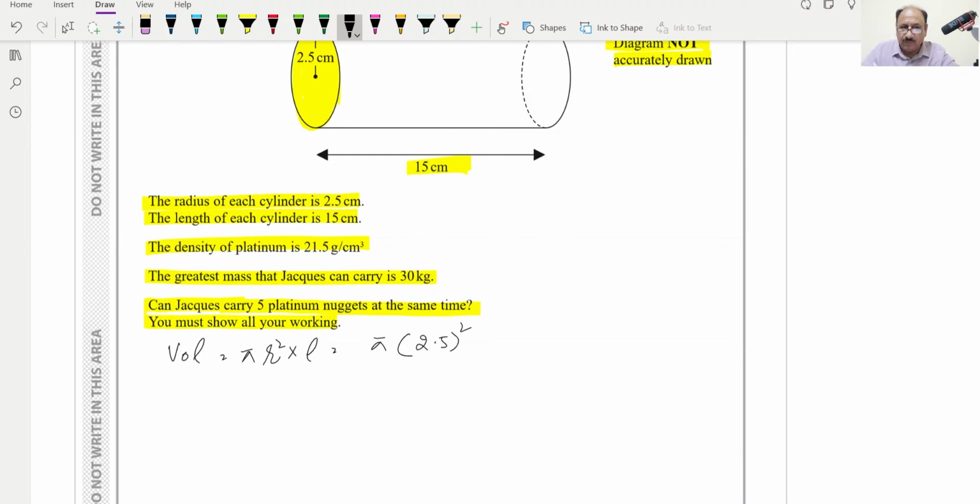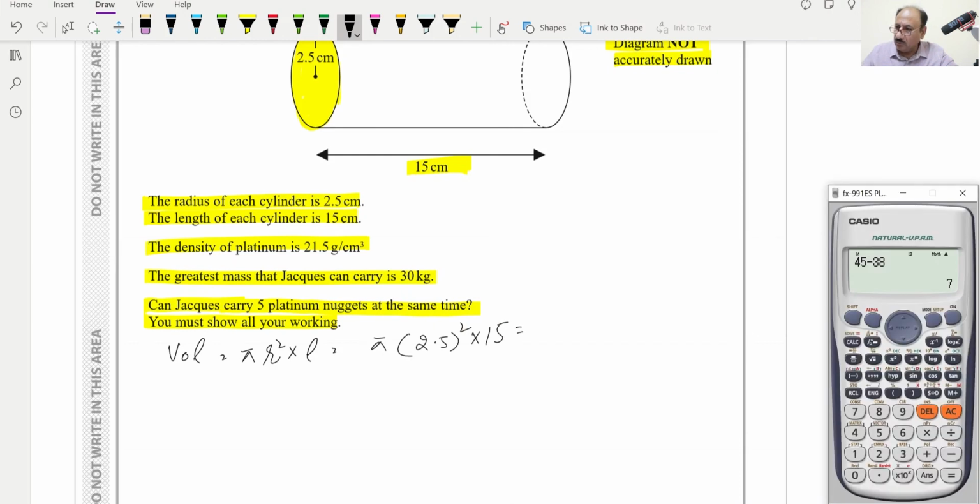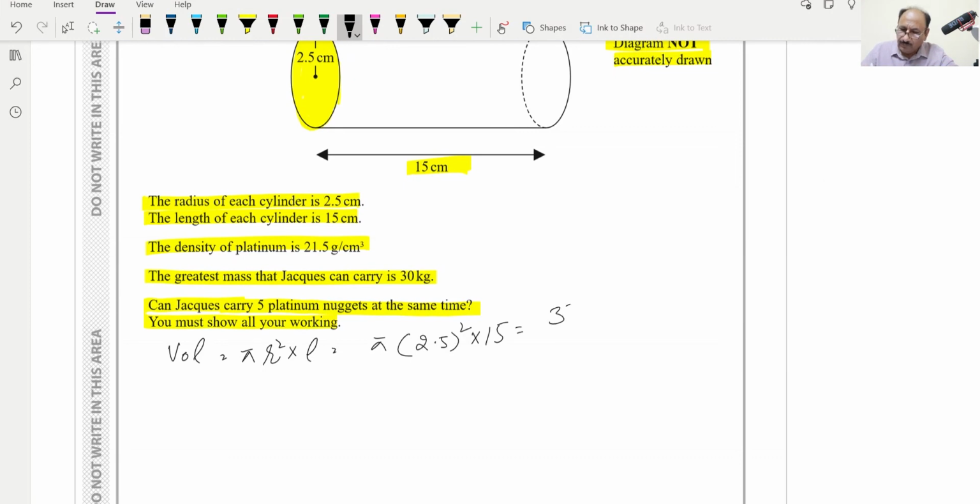So pi times 2.5 squared multiplied by 15 is equal to, the multiplication symbol is missing, 375 over 4 pi. I'll take it in terms of pi because I don't want to lose the decimal numbers.